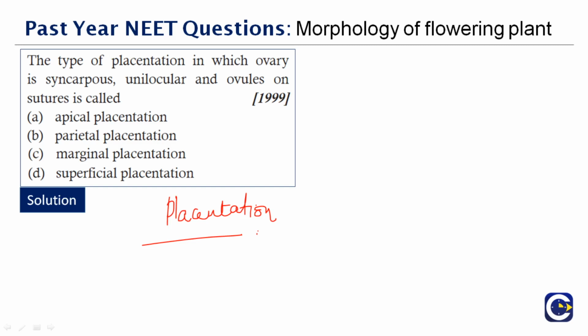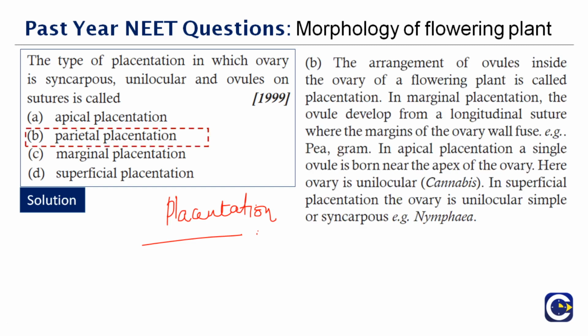Example, pea. In apical placentation, a single ovule is borne near the apex of the ovary. Here the ovary is unilocular. In superficial placentation the ovary is unilocular, simple and syncarpous. Therefore the right answer to this question is option B, parietal placentation.